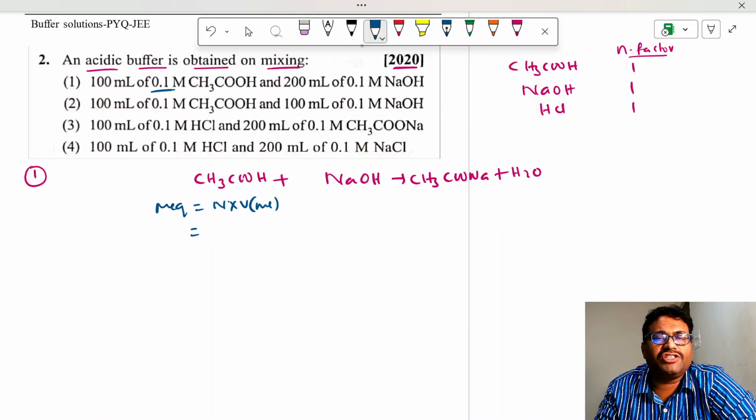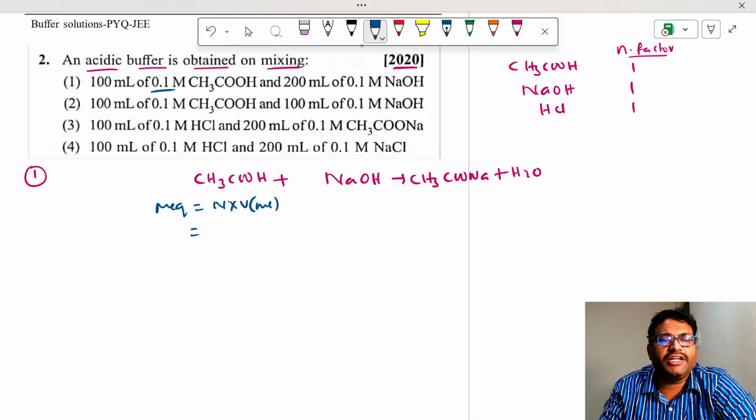When the n factor is equal to 1 this works, but if the n factor is not equal to 1, then it is better to solve the question in normality. That is the reason why we always take normality into the context.